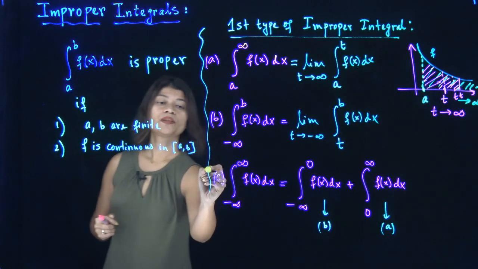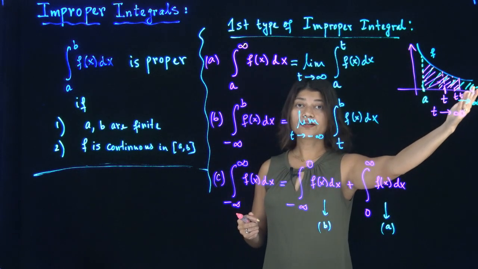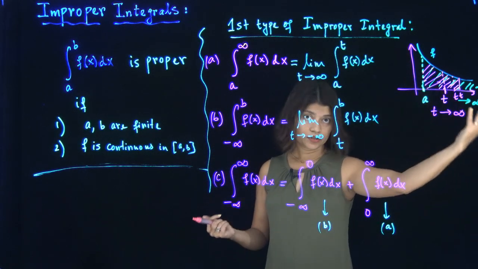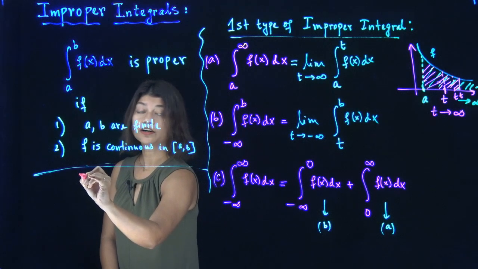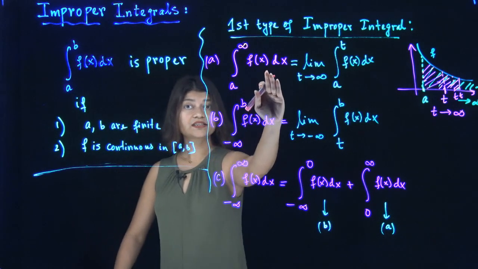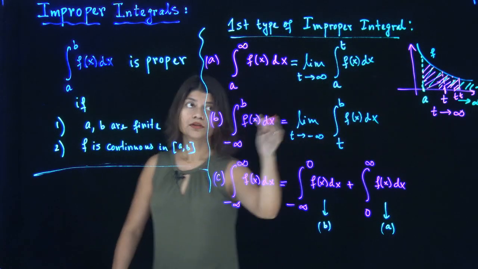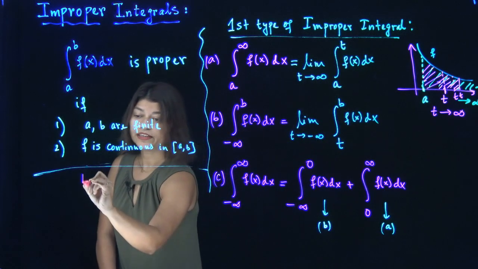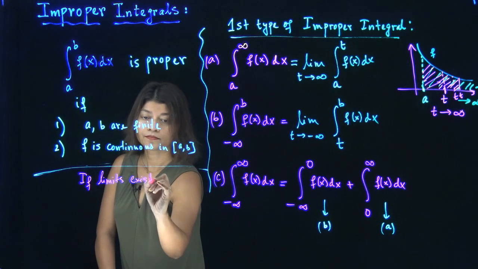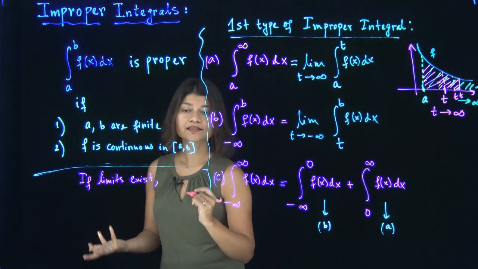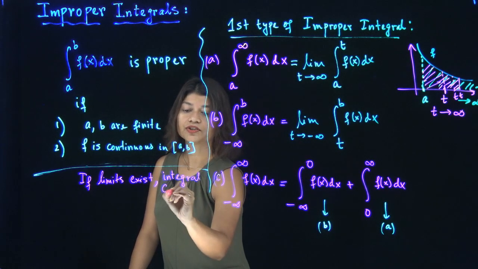One other thing: whenever we are discussing improper integrals, sometimes the area under the curve could be infinity or it could be a finite value. So we use a name. We say the integral converges if you get a finite value as your answer. You're evaluating limits, so if the limit exists, then we say the integral converges.